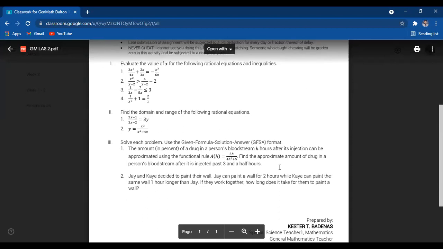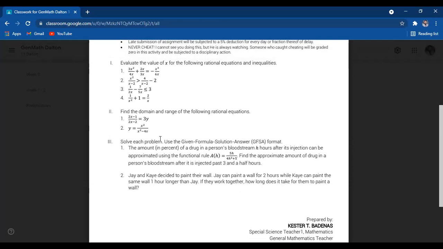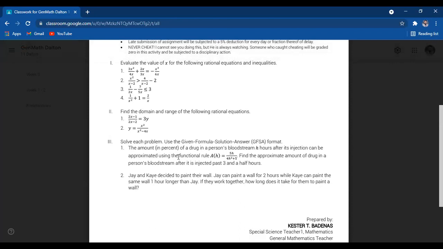Ito nga ata. Sorry class, may hindi ata ako na-attach. Sige, find the domain and range of the following rational equation. Madali lang naman to kasi na-solve niya to last. Wait lang, hindi nga pala ito yun. Sige, kasama pala to. Joke lang. Okay, so anyway, pa-solve na lang din. And number 3, bonus na po in number 2.